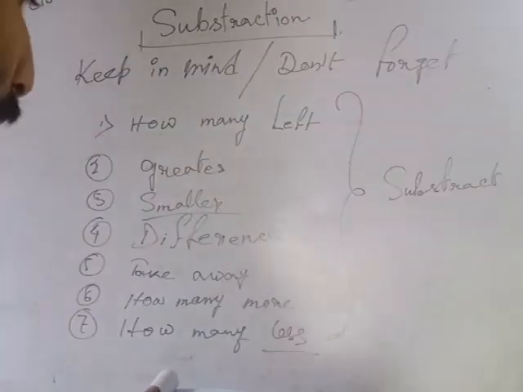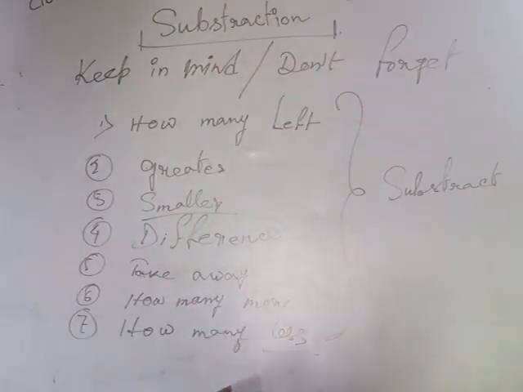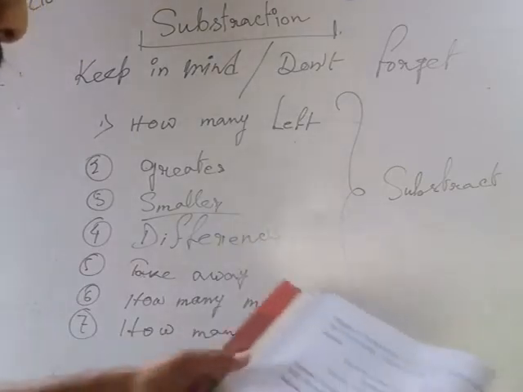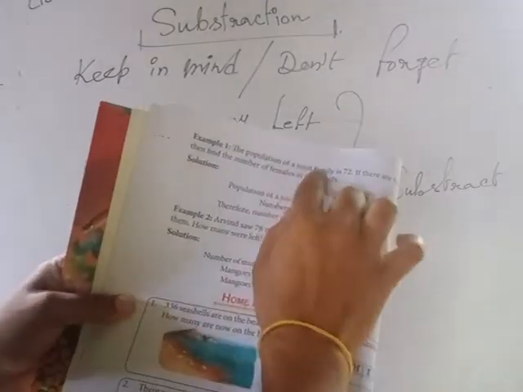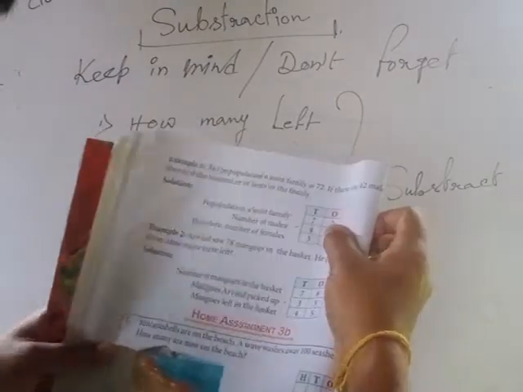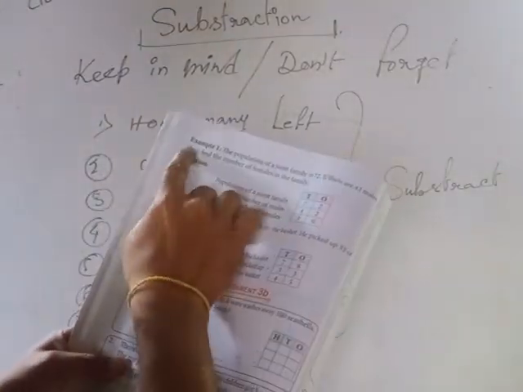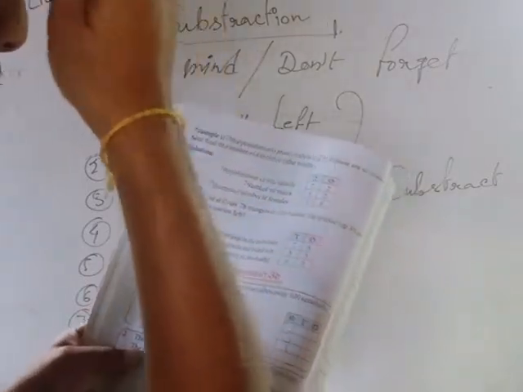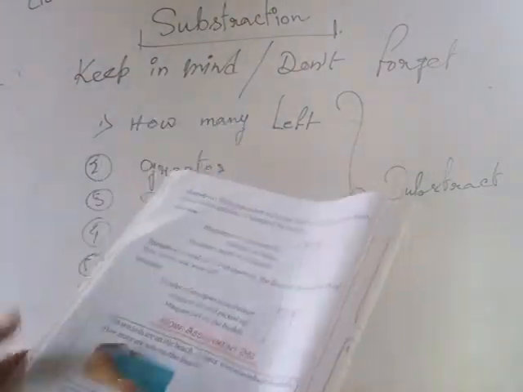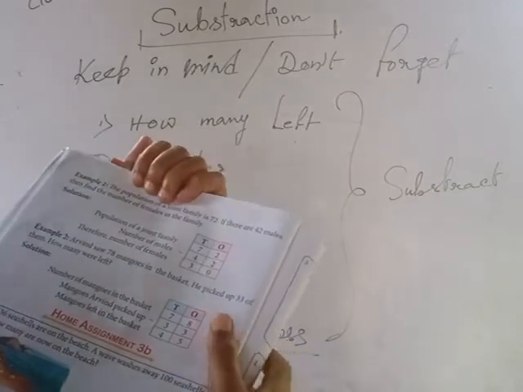So many examples over here. The population of a joint family is 72. If there are 42 males, then find out the number of females in the family. That means you should find out how many.